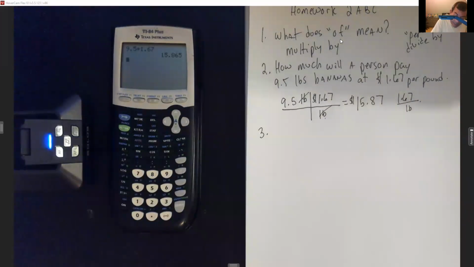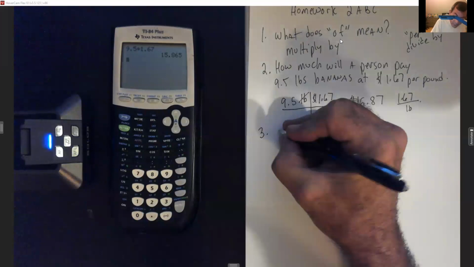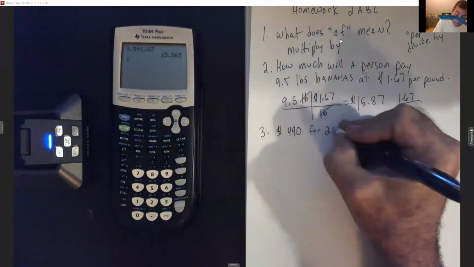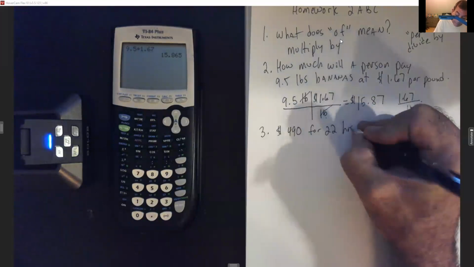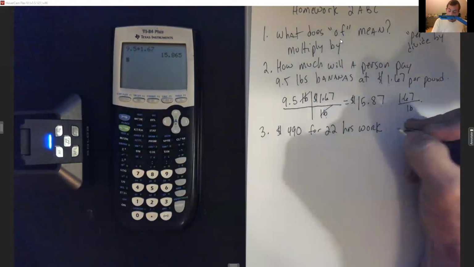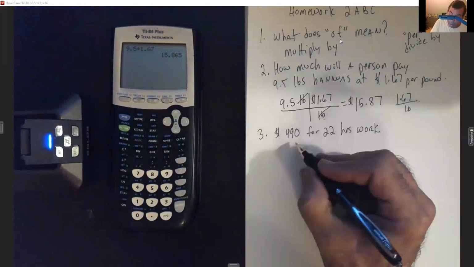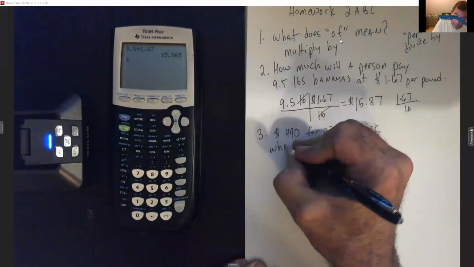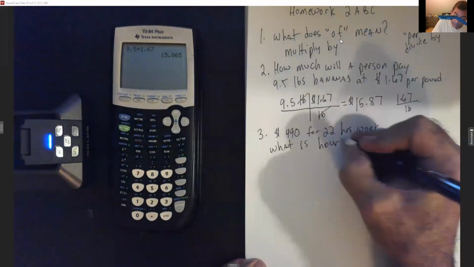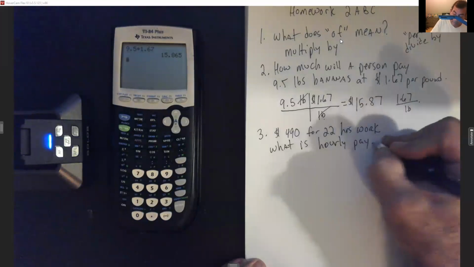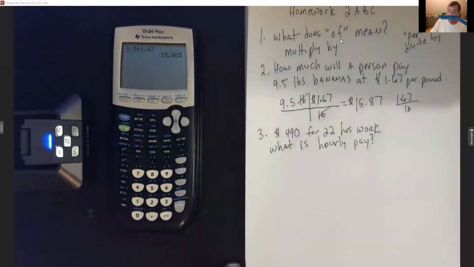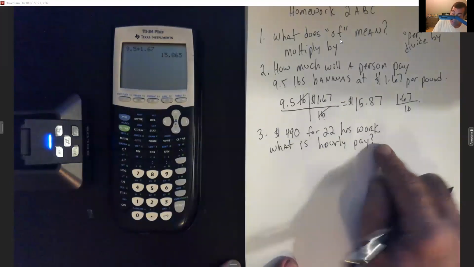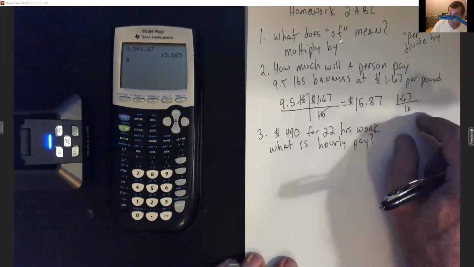All right, check this out. A person is paid $490 for 22 hours of work. So $490 for 22 hours of work. What is his hourly pay? Okay, so hourly pay would be how much money per hour, right?